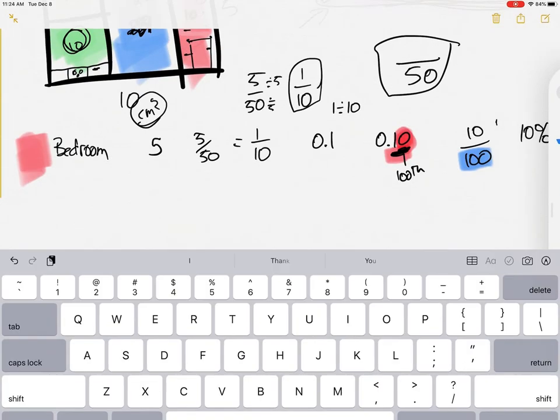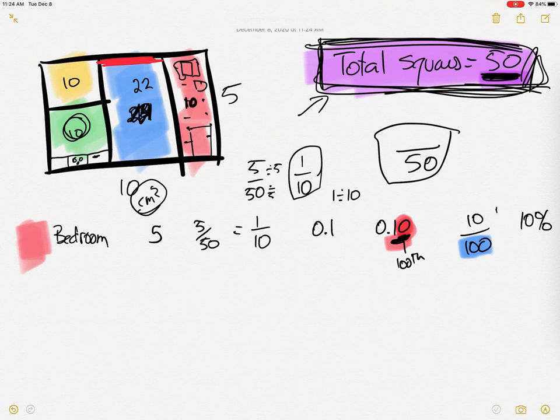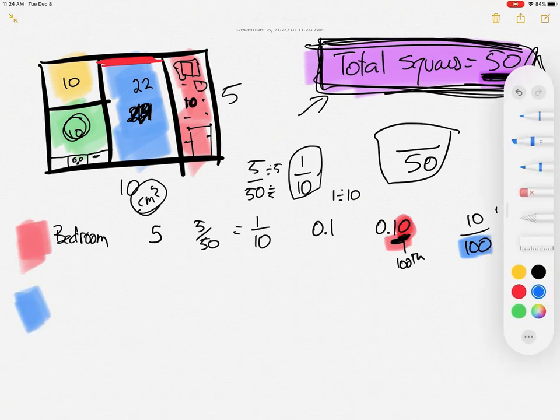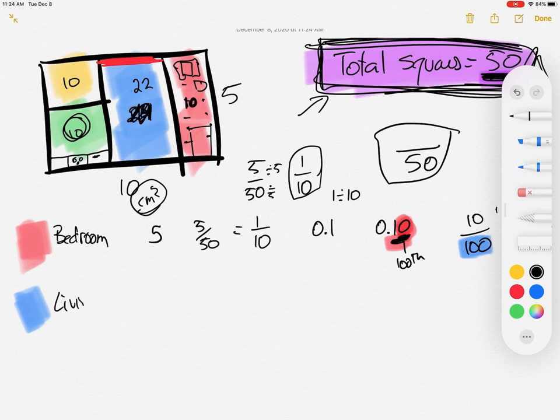If you do have it color coordinated, you can put your colors in. If not, no big deal. So this is going to be my living room. It is 22 squares. That out of the whole is going to be 22 out of 50. Now I have to reduce that. I know I could divide it by 2. That's going to give me 11 out of 25.